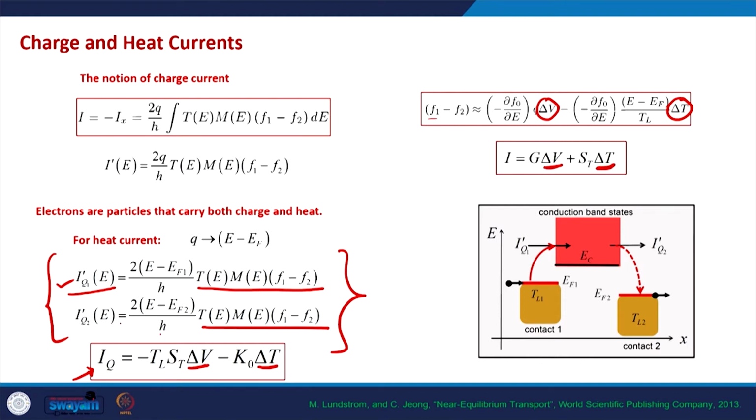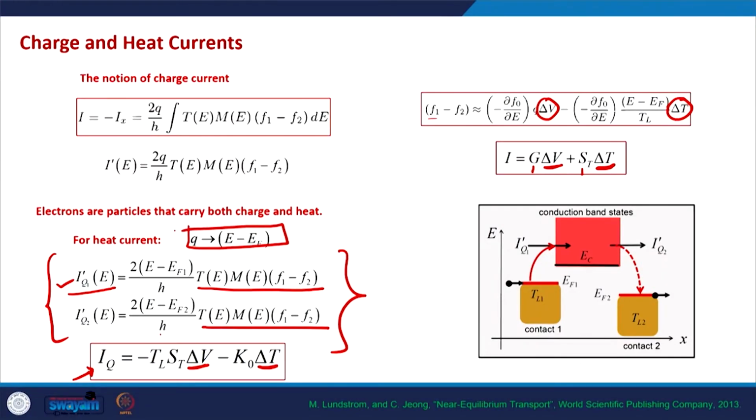We will very soon go to these parameters G, S, T, L and K0 as well, but this discussion was just to show you that apart from charge current we also need to consider heat current when there is an electron flow through any device, and heat current is defined by replacing Q by E minus EF, and in that case both charge current and heat current are dependent on the voltage difference and temperature difference.